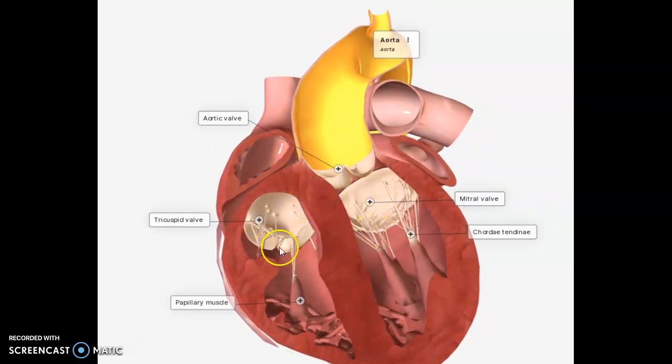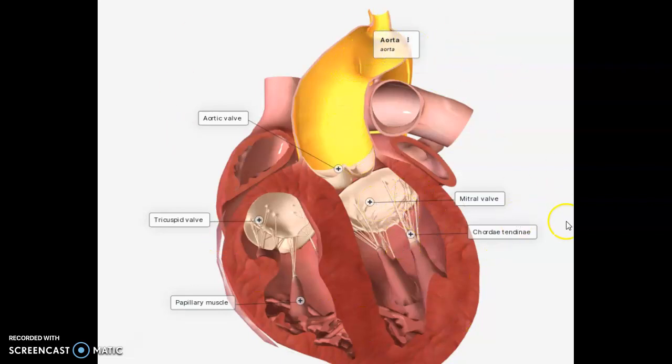So as the oxygenated blood goes out to the body, it comes back in once again for the cycle through the right atrium. So really quick, we got our right atrium into our right ventricle. From the right ventricle, it goes out through the pulmonary trunk into the pulmonary arteries, out into our lungs, picking up the oxygenated blood, coming back into our left atrium, into our left ventricle, out our aortic valve.